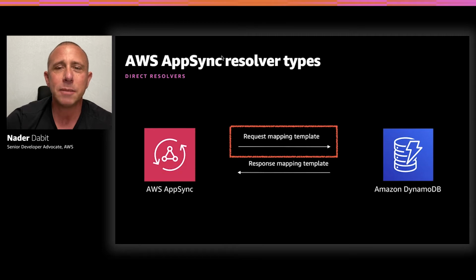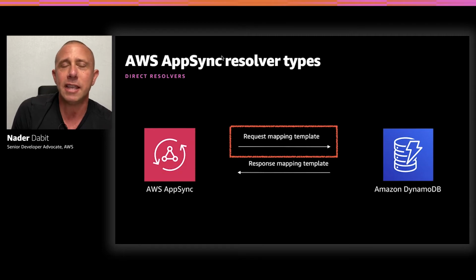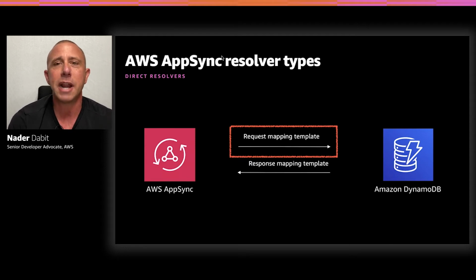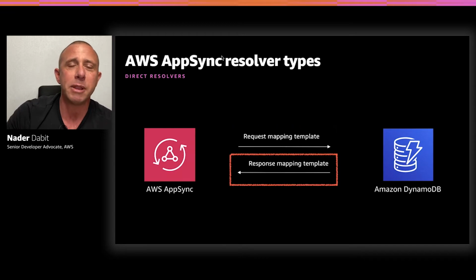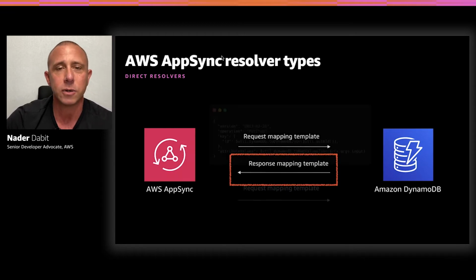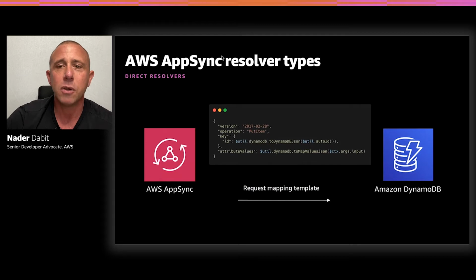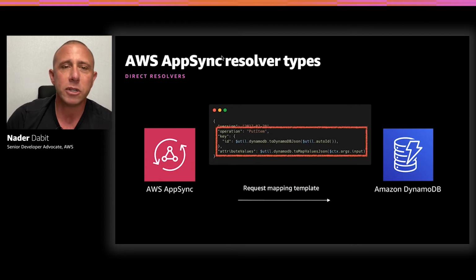The request mapping template is what sends the data request to the data source. So this could be something like a put item or a get item request to DynamoDB, and the response is going to be whatever is returned from that data source. So, for example, let's say we want to do a put item operation. This is what it would look like when we're working with DynamoDB.